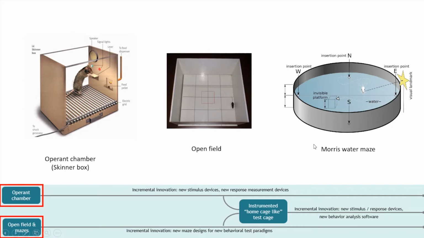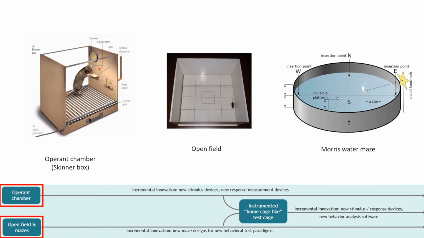This type of maze and open field has evolved with the additions and extensions of different devices to measure specific aspects of brain function, such as the elevated plus maze, the Y maze, the zero maze, the three-chamber maze, and many more. But none of these devices that you see in the picture here qualifies as a home cage. The animal is taken out of its home cage, placed in this arena, measured during a short period of time, and then taken back to the home cage.